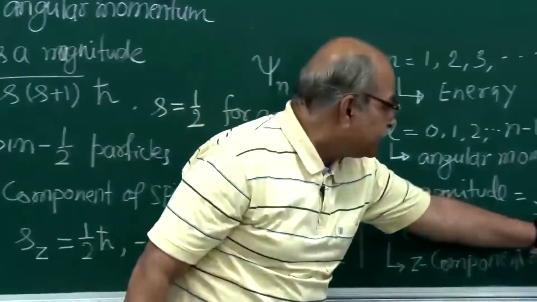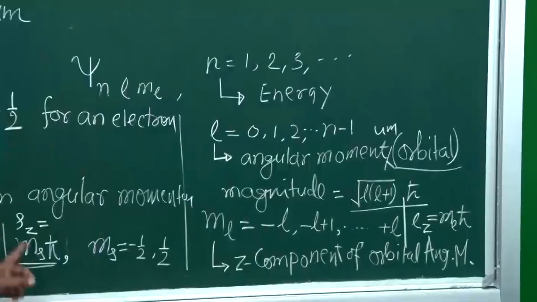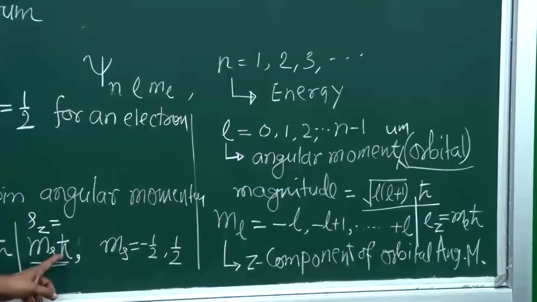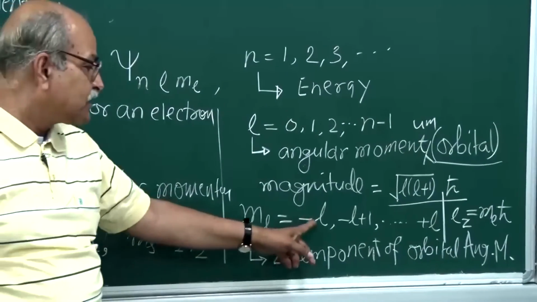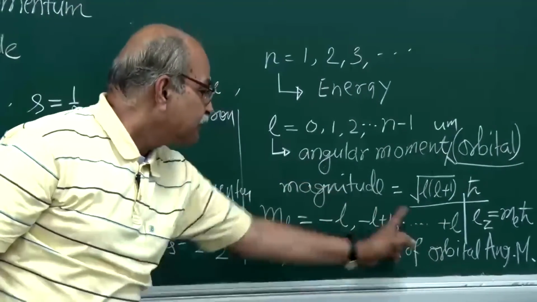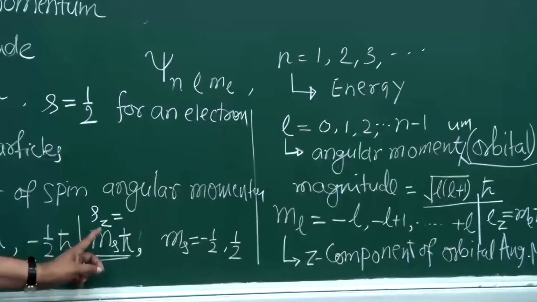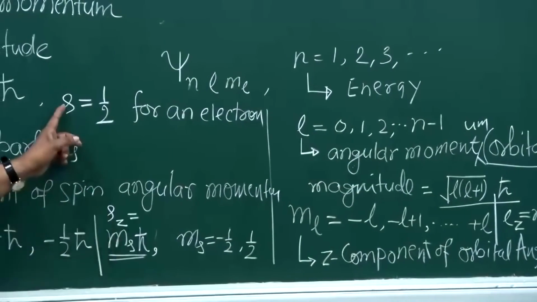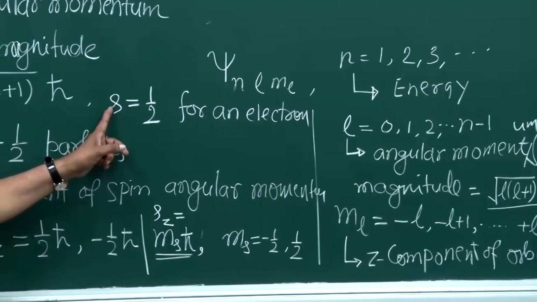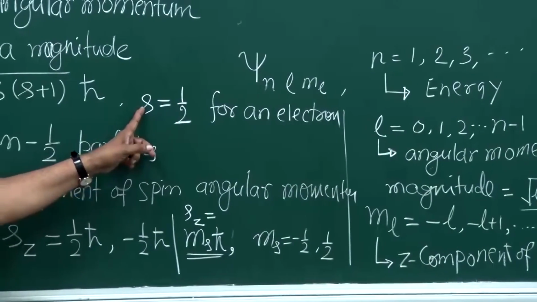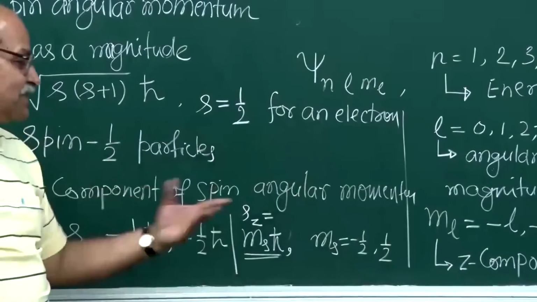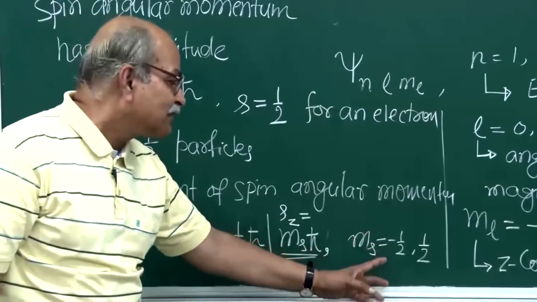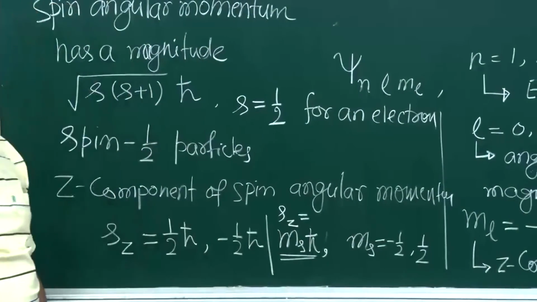So Lz is ml into h cross, Sz is ms into h cross. Just like ml takes values from minus L to plus L in steps of 1, here ms can take values from minus S to plus S in steps of 1. So that will be minus half to plus half in steps of 1, that is minus half and plus half.